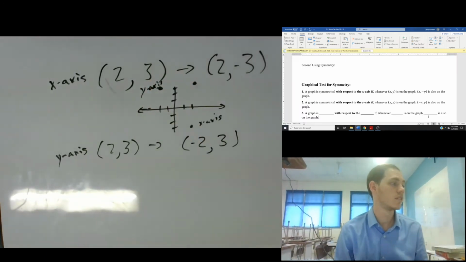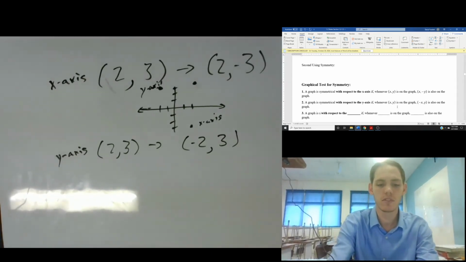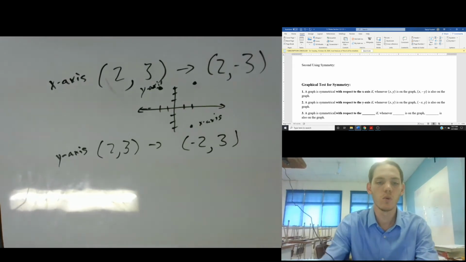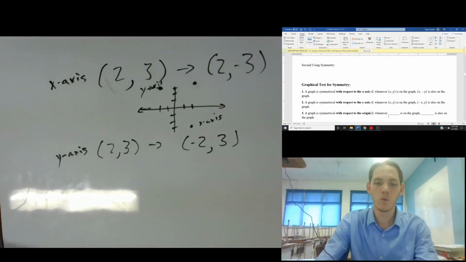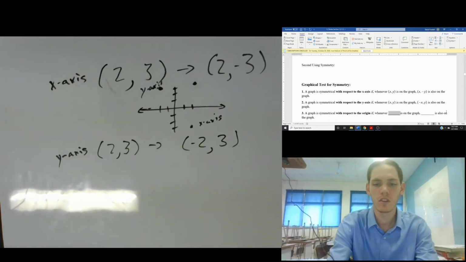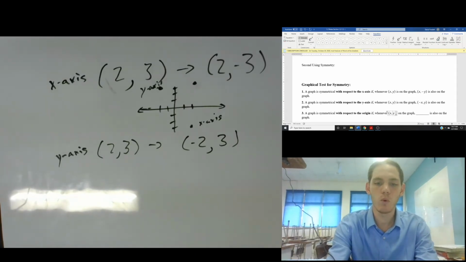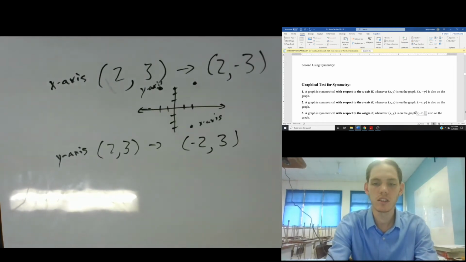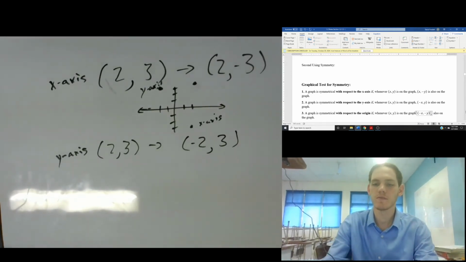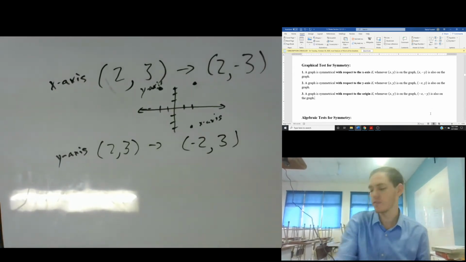Now, we have one last one. If a graph is symmetrical with respect to the origin, whenever x comma y is on the graph, then the other point, which is the opposites of both, is also on the graph. So origin is an entire flip.